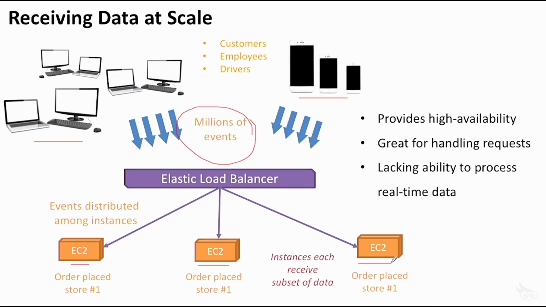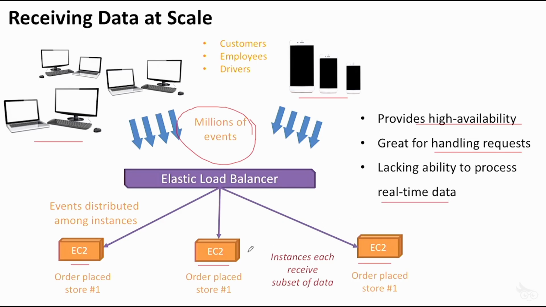So we get high availability, we get the ability to handle requests at a high scale, but what we're lacking here with a normal traditional API is the ability to process real-time data.